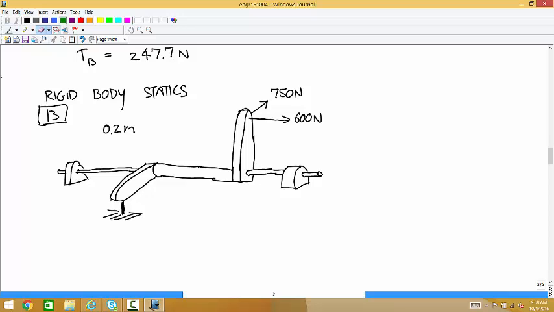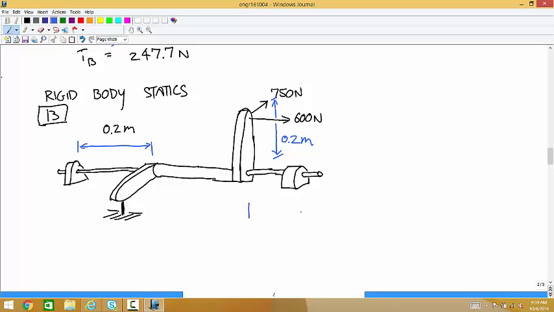Let me put the dimensions in something else. The height this way is 0.2 meters.